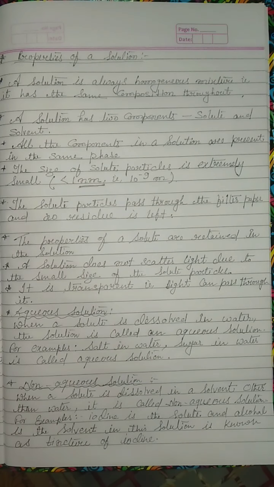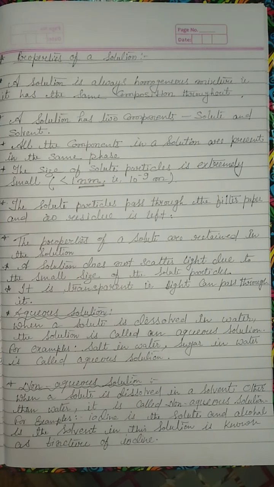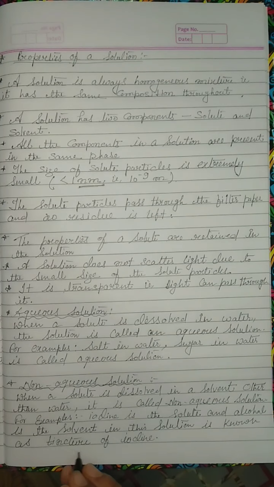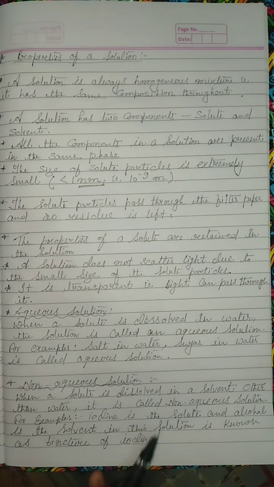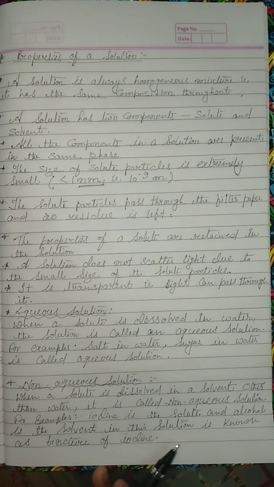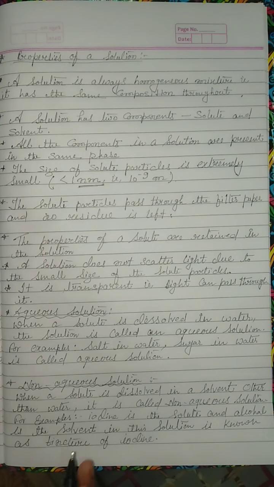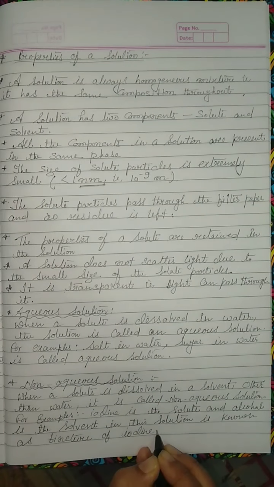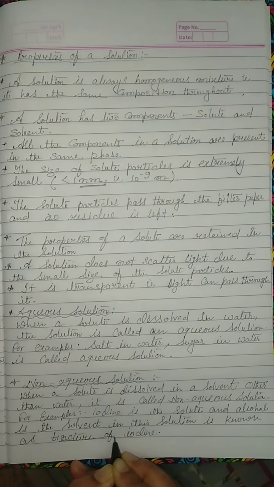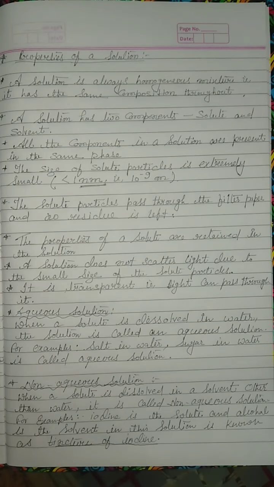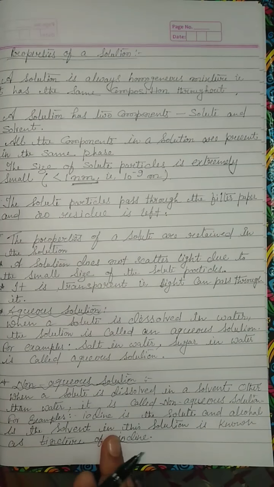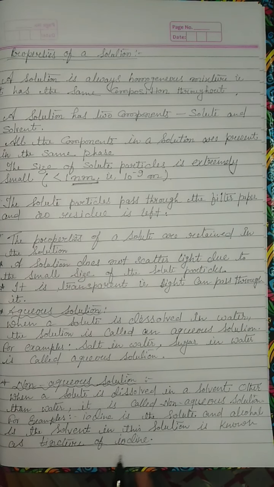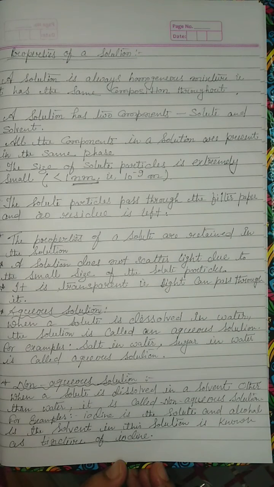What is the tincture of iodine, or what type of components mix in this tincture of iodine? Iodine is the solute and alcohol is the solvent, or iodine and alcohol mix with each other and the solution formed is known as the tincture of iodine. Clear? It is used as an antiseptic in case of wounds.